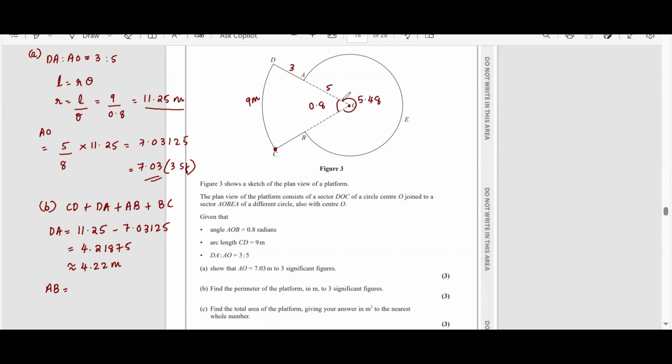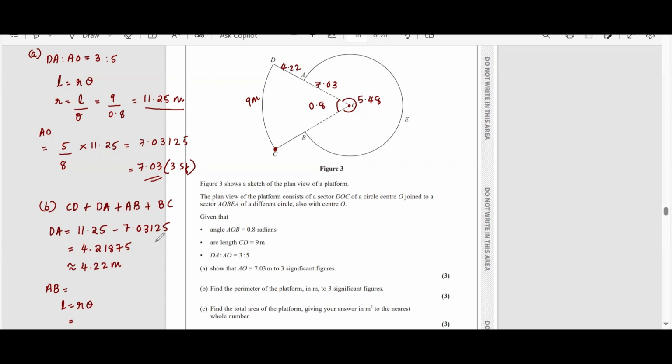So to find AB, arc length, L is equal to R theta. What was the radius for this sector? It's not 5, it was the ratio given as 5. So this was 7.03 and this is 4.22. So L is equal to R theta.